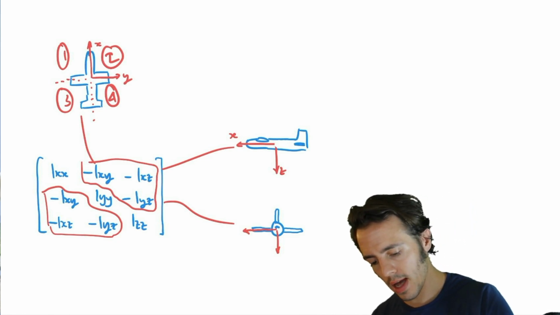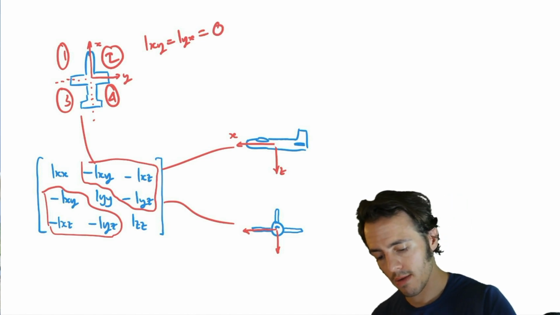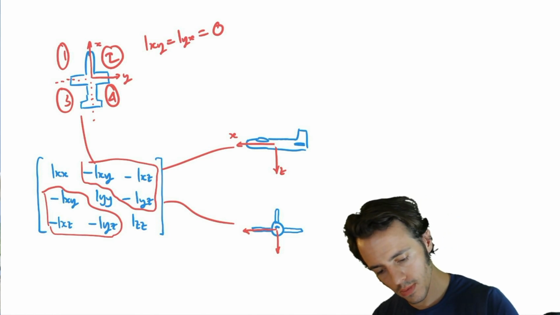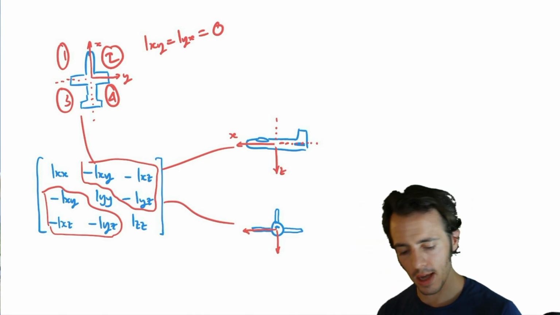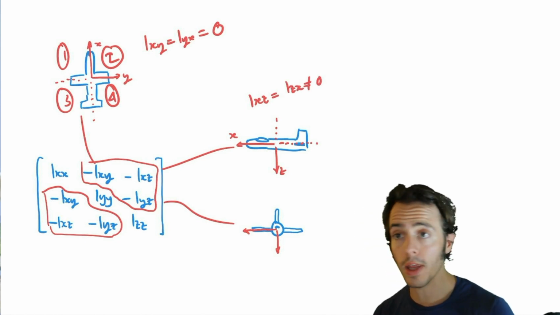Now, the aircraft, as I've drawn it here, is pretty much shaped like a cross. So we're going to say that IXY, which is equal to IYX, for our purposes and for fixed wing aircraft flight mechanics, is pretty much equal to 0. Okay, this one here, probably can't get away with saying that. So we're going to say that IXZ is equal to IZX, and that's not equal to 0 for our case.